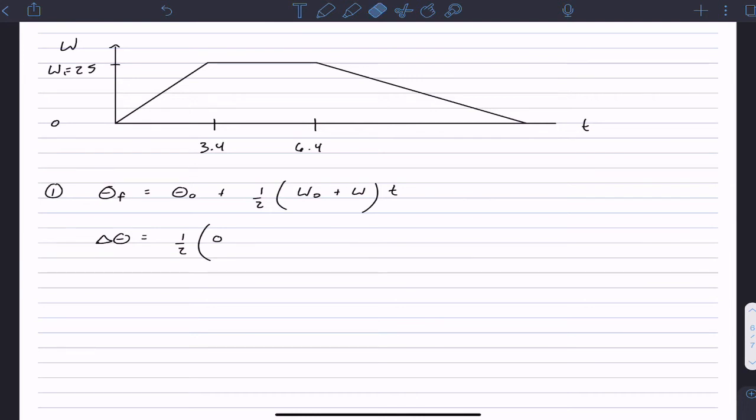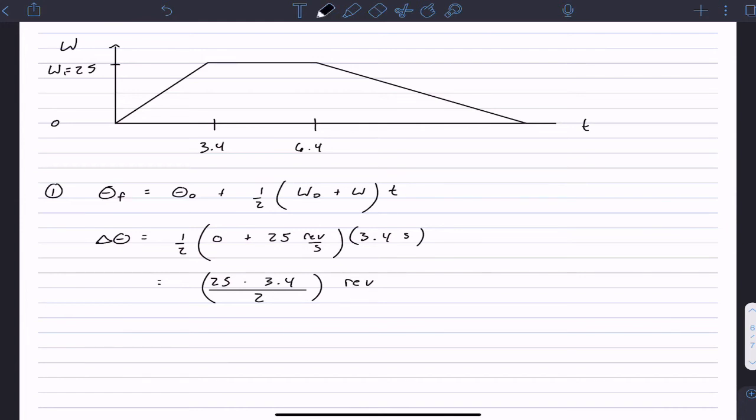We got up to 25 revolutions per second in 3.4 seconds, so this gives us 25 times 3.4 over 2, in revolutions.